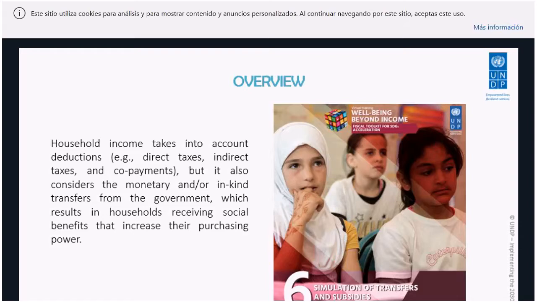So it's our responsibility to decompose that aggregated amount into the different taxes and the different social expenditure instruments, so we can model changes to any of those individual concepts, right?